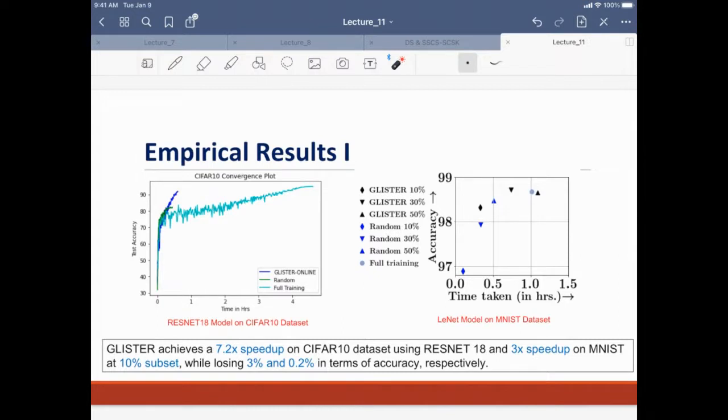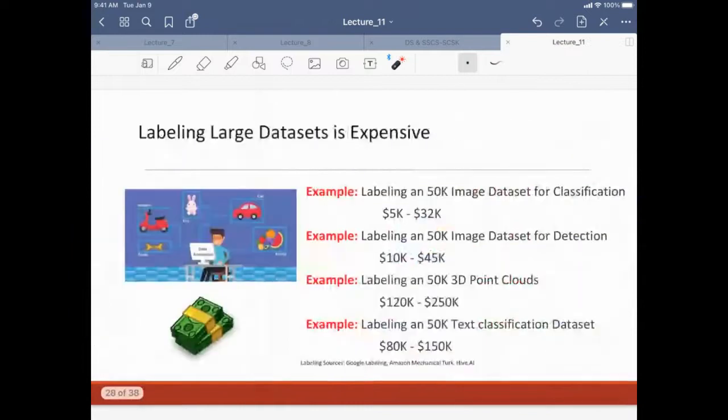So we are able to significantly speed up deep learning, which consequently implies lesser energy consumption and lesser cost in training deep models. There are a lot of nice properties with doing something like this. Furthermore, you'd also want to do this for hyperparameter tuning, because if you're running deep learning multiple times, you want to do it on a subset of data. This is one of the efforts I'm particularly interested in in my group, so if any of you are interested in this, let me know.